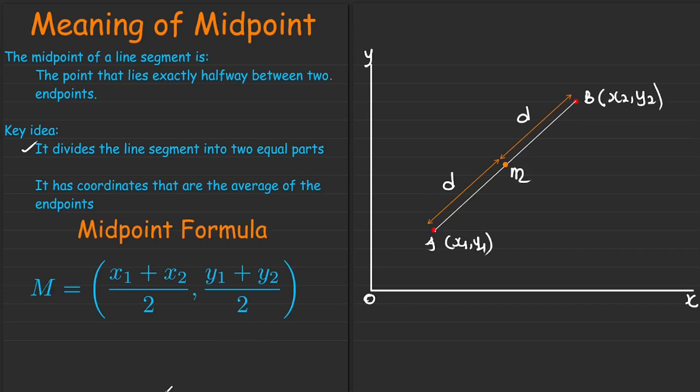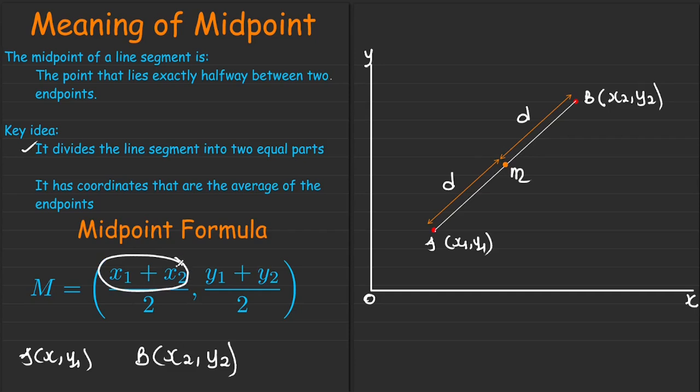So talking of the midpoint formula, if you are given 2 points, let's say the point A with coordinates x1, y1, and the point B with coordinates x2, y2, then if you want the coordinates of the midpoint, what you do is you add the x values, so the x we have here to the x we have over here.